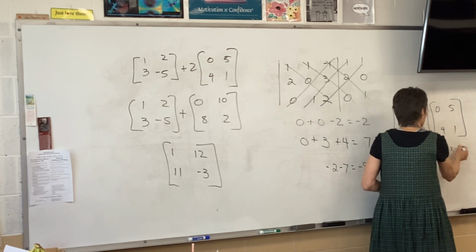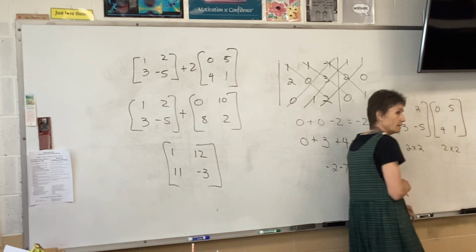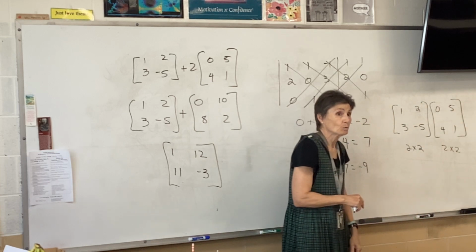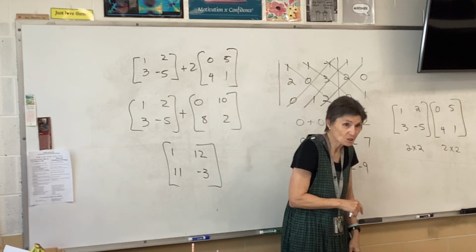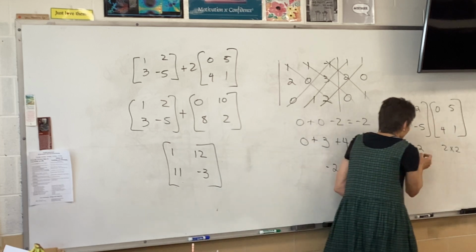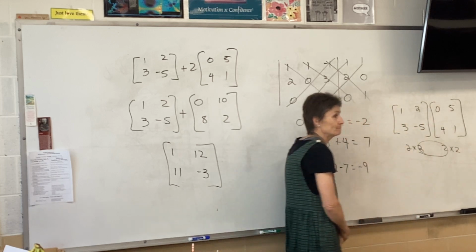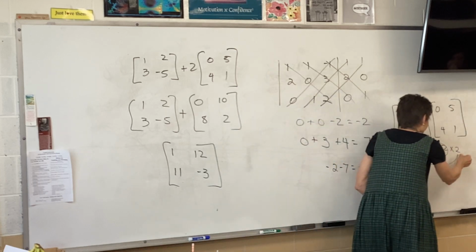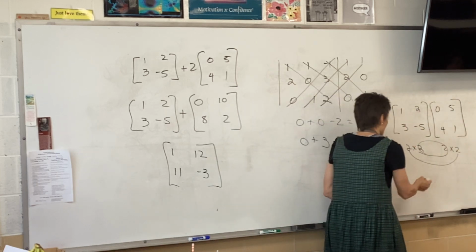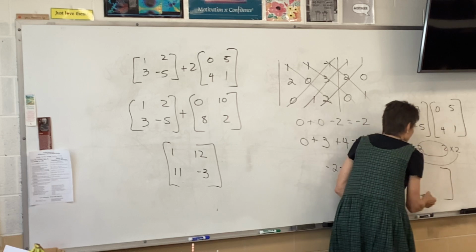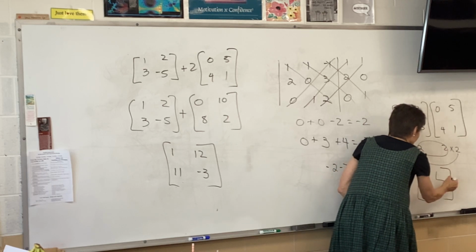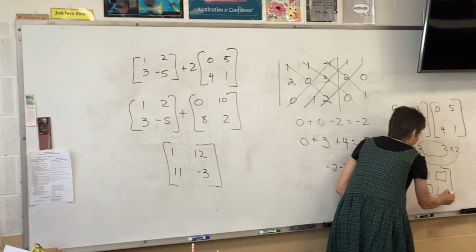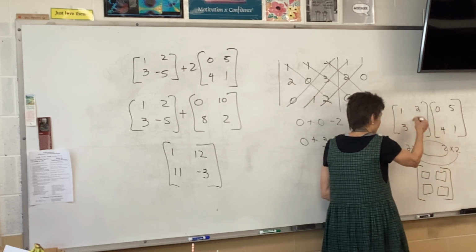This guy is a 2 by 2, 2 rows, 2 columns. Do you remember what the rule is for multiplication? These have to match. And then your answer will be that big. So my answer is going to be a 2 by 2.